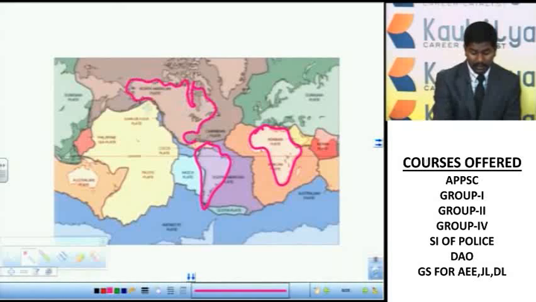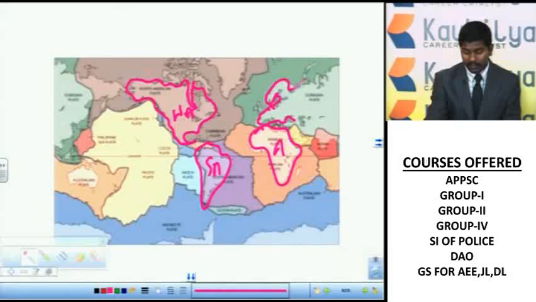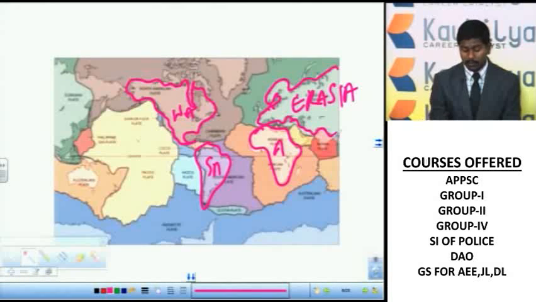So it is North America, South America, Africa, and the Europe continent. Of course, Europe and Asia combined together make the Eurasia continent. And here this portion later led to form Africa, Australia.